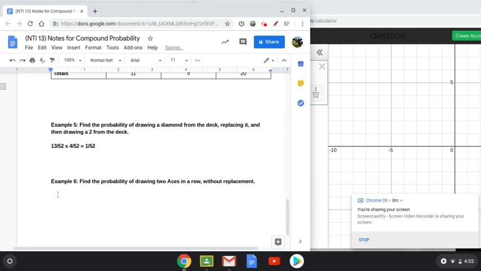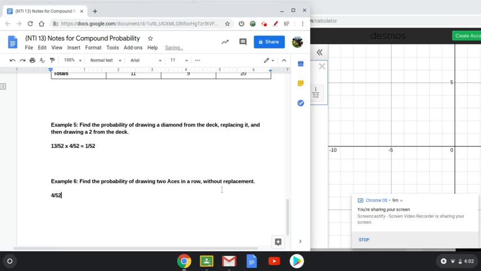Example 6 here has one little extra phrase that we'll talk about. It says, find the probability of drawing 2 aces in a row, which means I get 1 ace and then I get another one. Those both have to happen. What's the probability that I draw an ace the first time? There's 4 of them, so 4 out of 52. But look at what happens here.